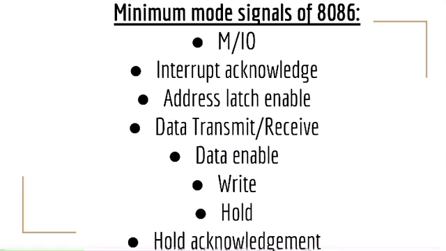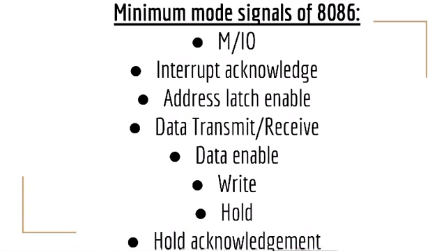Next we have the data enable pin. The data bus enable signal indicates the availability of valid data over the address or data lines. Next we have the write pin. Whenever the write signal is at logic 0, the data bus transmits the data to the memory or input and output devices connected to the system.